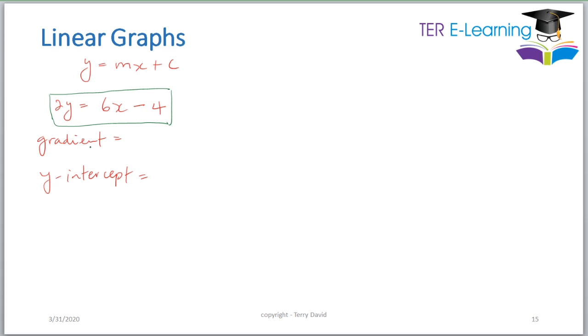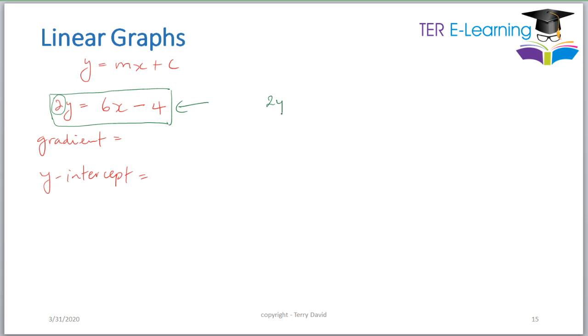The equation of a straight line is always in the form y equal mx plus c. Look at this equation here. This equation is not in the form y equal mx plus c. And why? Because we have a 2 here. So we have to do something with this first.